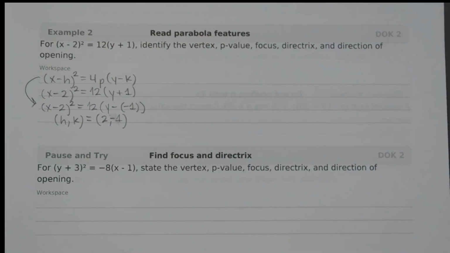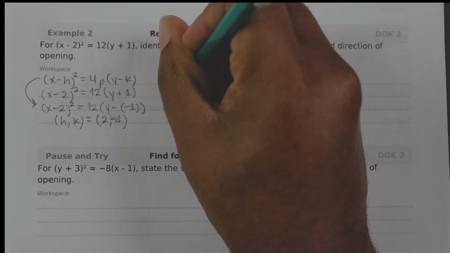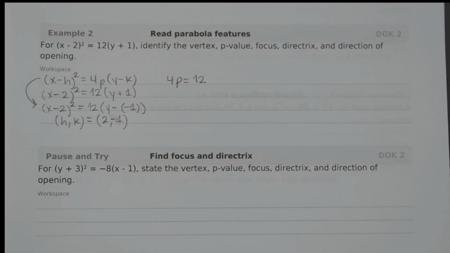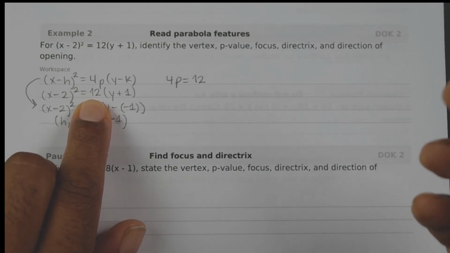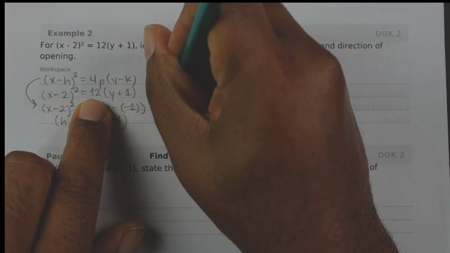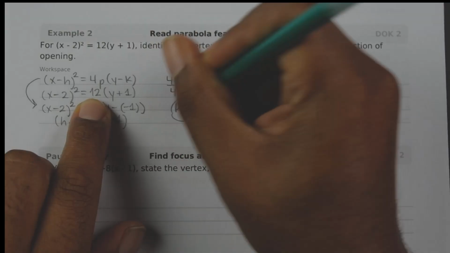Now we need to identify 4p. 4p is equal to 12. We divide by 4, and p is equal to 3.